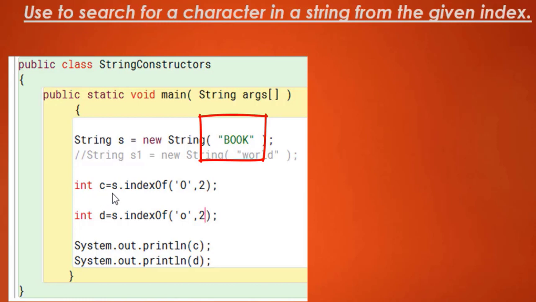In this line, c equals s.indexOf('O', 2), O is in capital letter. Here in this case, the search of O will start from index number 2. In this case, the first O is not valid, because I have told in the comment that O will be searched from index number 2.